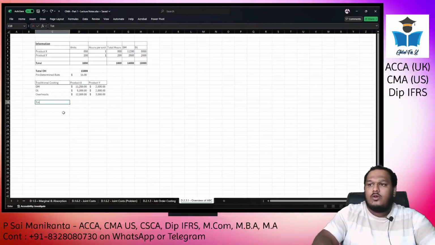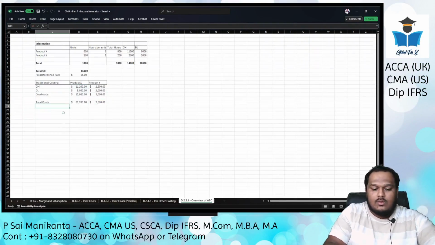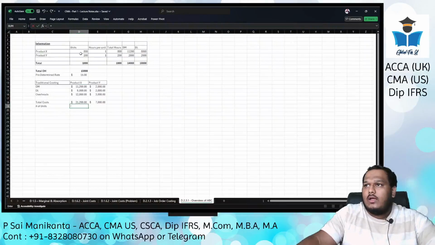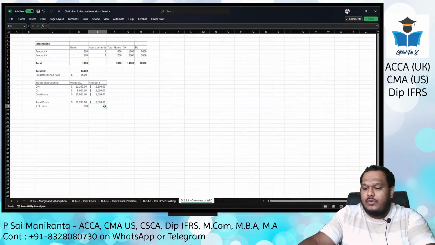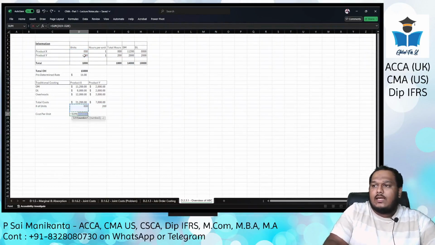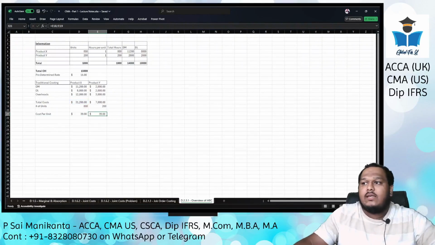Now total cost, sum this up, and then number of units are 800 and 200, so the cost per unit is calculated as 31,200 divided by 800 and 7,800 divided by 200.